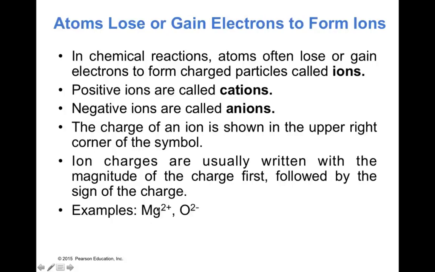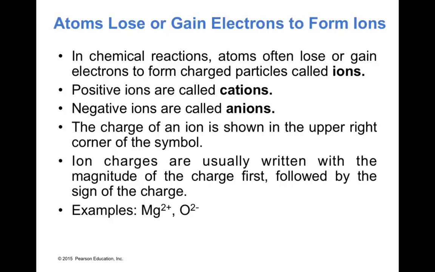Here, magnesium, to become a positive ion, loses 2 electrons, while oxygen, to become an ion, gains 2 electrons. So remember, the only thing that you lose or gain to produce an ion in an element is electrons.